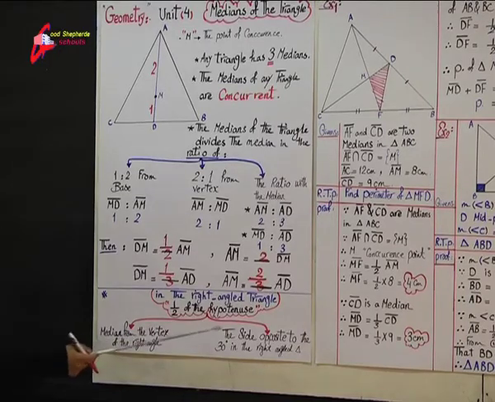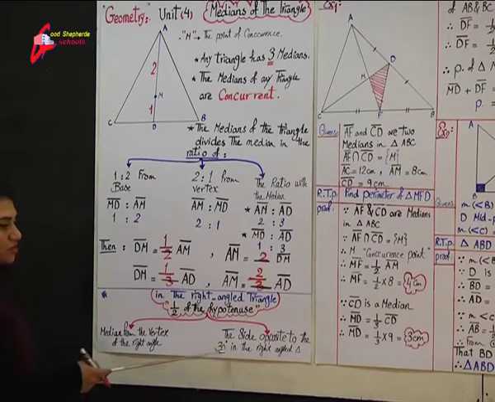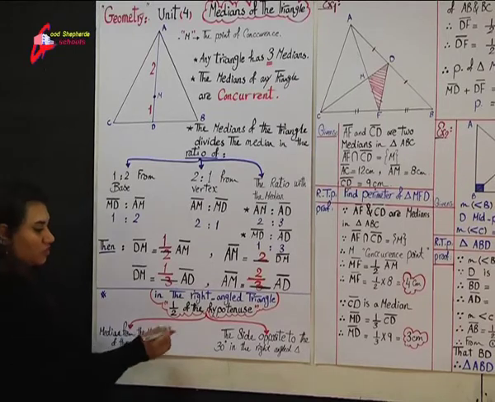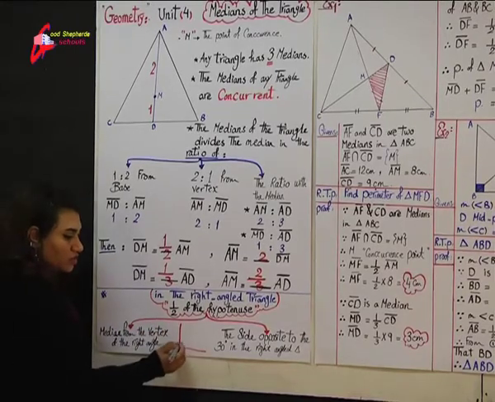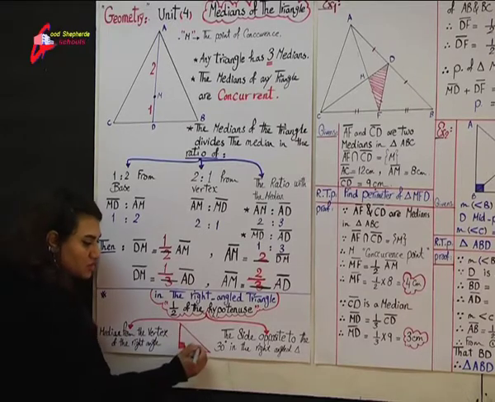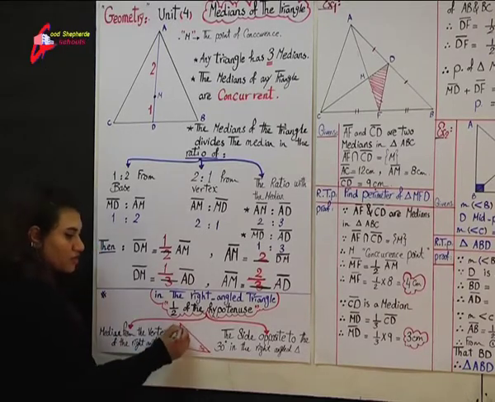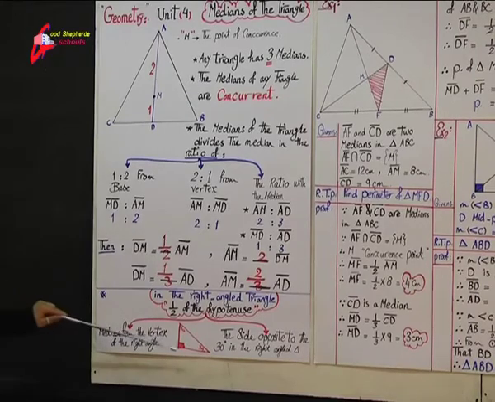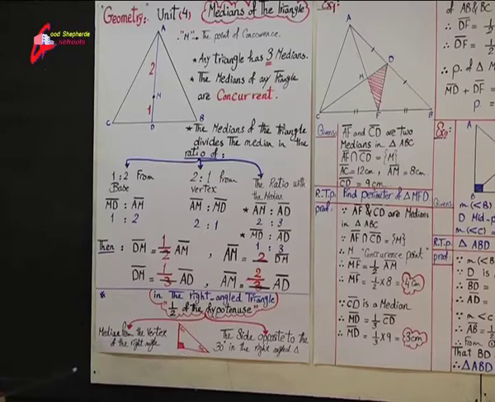It will be half the hypotenuse. Also the side opposite to the 30 degree angle in the right-angled triangle. The right angle is 90 degrees, and 30 degrees means it's a 30-60 triangle. If you have 30 here and 60 here, it will be a 30-60 triangle. And I'll give you an example about it later.